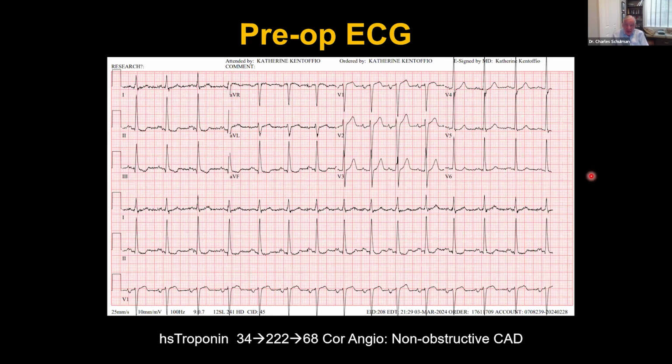So he had ST depressions, which did not evolve and did not develop Q waves. And this is consistent with an NSTEMI that is not due to obstructive coronary disease.